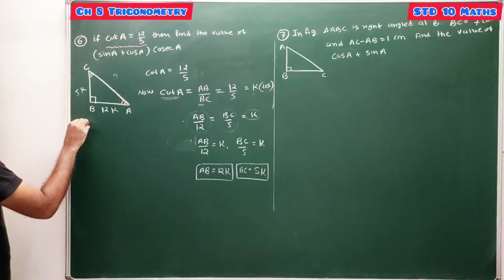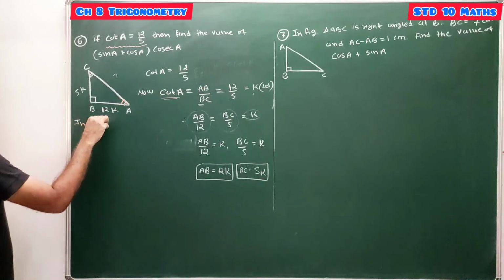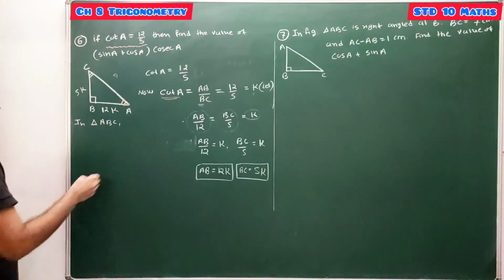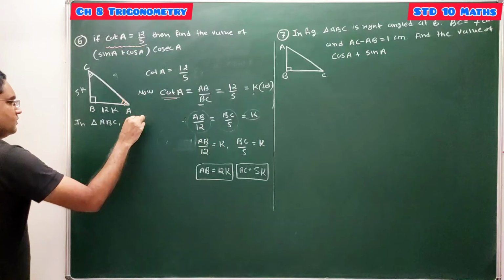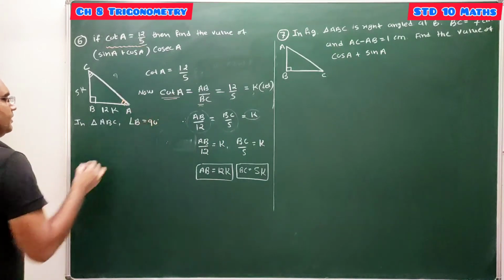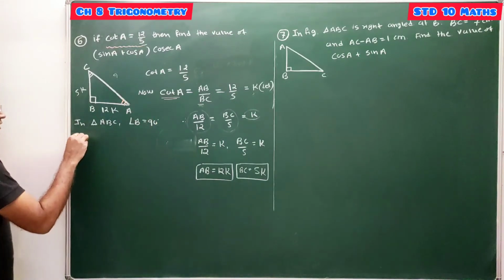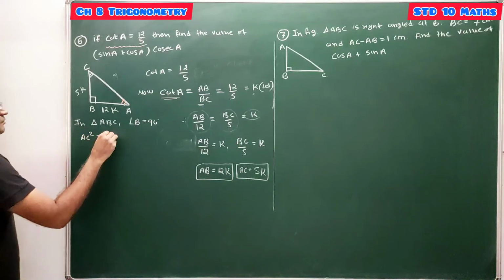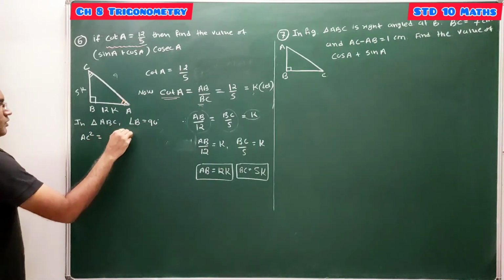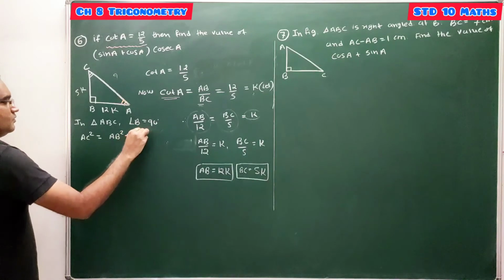So in triangle ABC, angle B is 90 degrees, and therefore AC square equals AB square plus BC square.